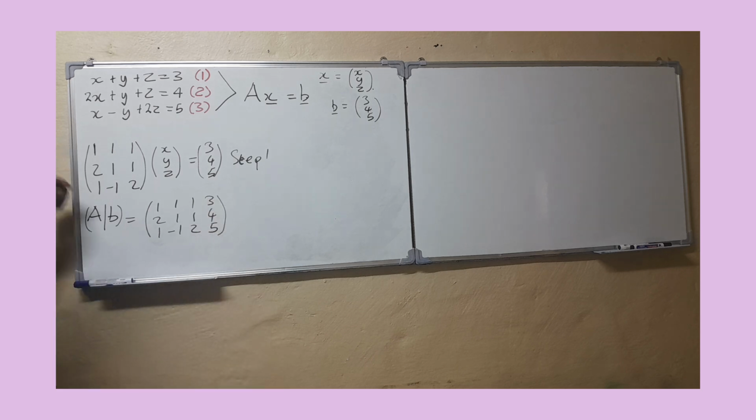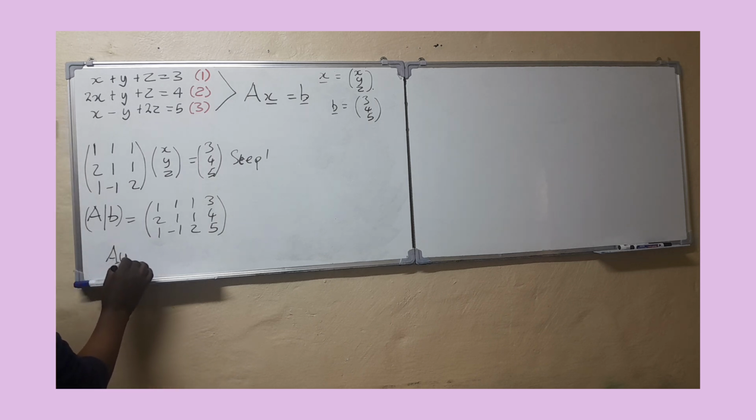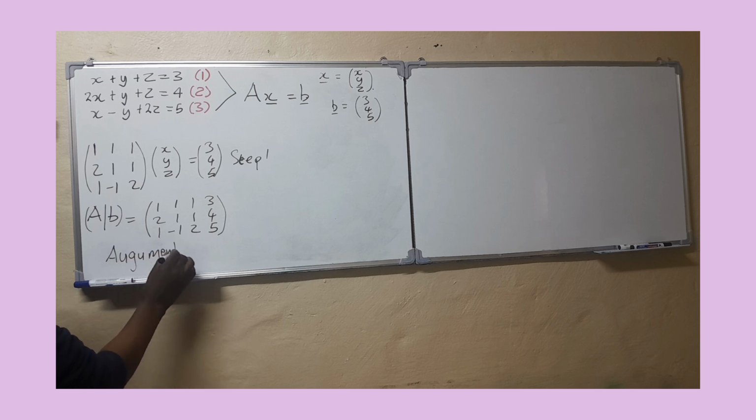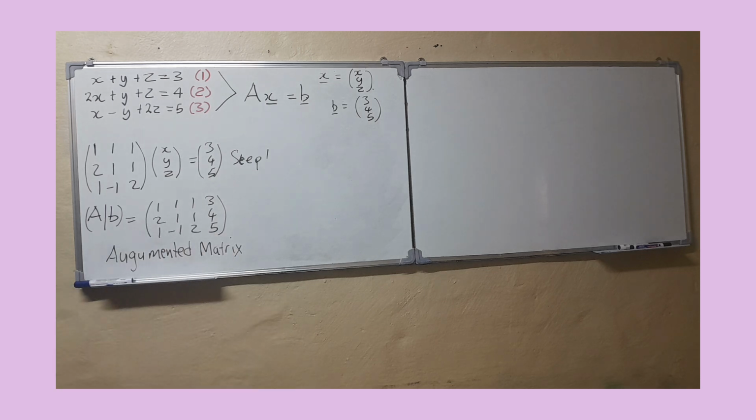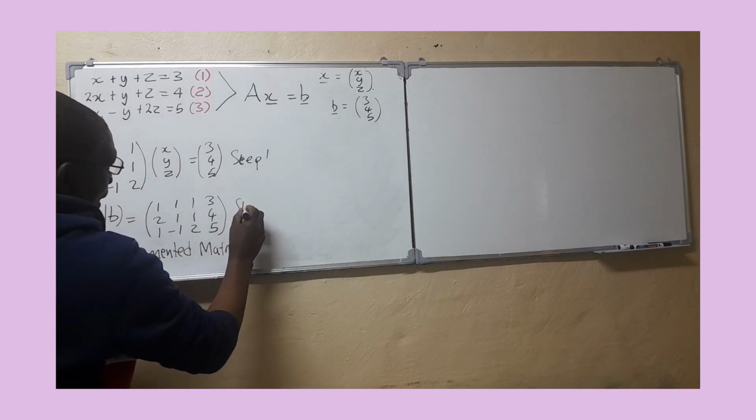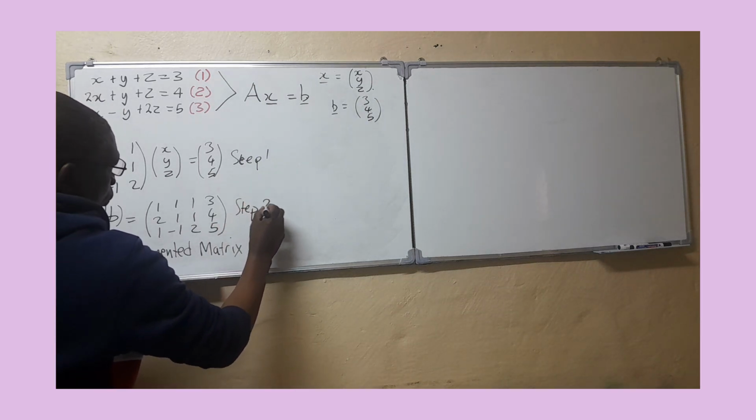This now is the matrix A slash B. It is called an augmented matrix. The augmented matrix. So perhaps let's call that step number 2.